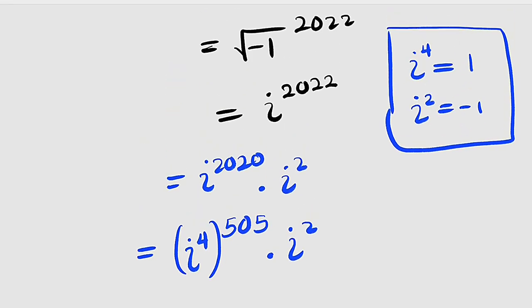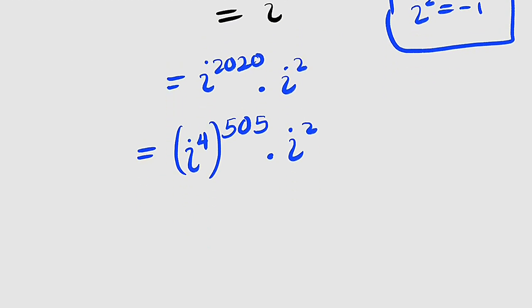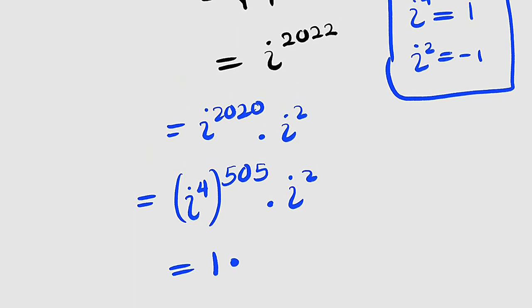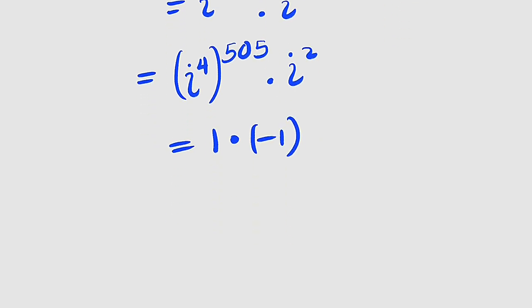I remember that I told you i to the power of 4 and its multiples will always give us 1. So this is equal to 1 multiplied by i squared, which is negative 1. So we have negative 1 right here, and 1 multiplied by negative 1 is negative 1.